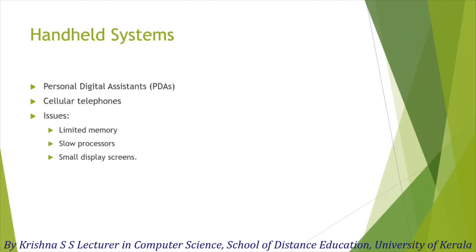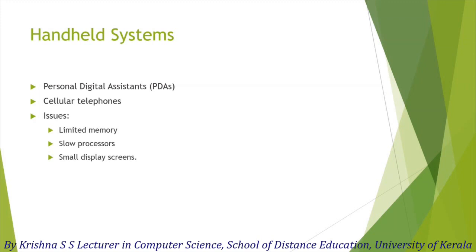Now we will discuss handheld systems. Handheld systems include personal digital assistants, cellular phones, palm tops, etc. They come with connectivity to a network such as the internet. Developers of handheld systems and applications face many challenges. There are different types of issues they have to consider while designing handheld devices or an operating system for a handheld device.